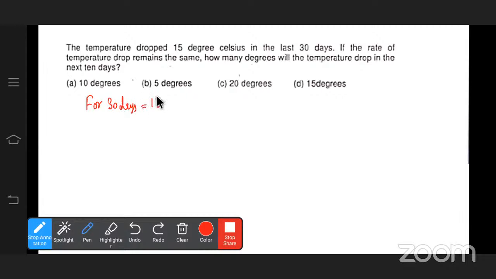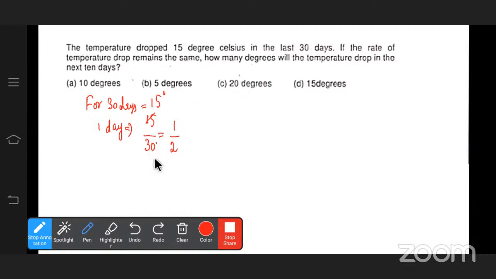For 1 day, what you have to do? 15 by 30, right? For 1 day, 15 by 30. 1 15 is 15, 2 15s are 30, so 1 by 2. For 1 day, 1 by 2.